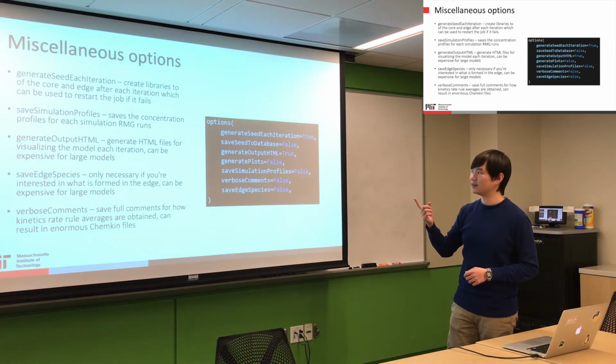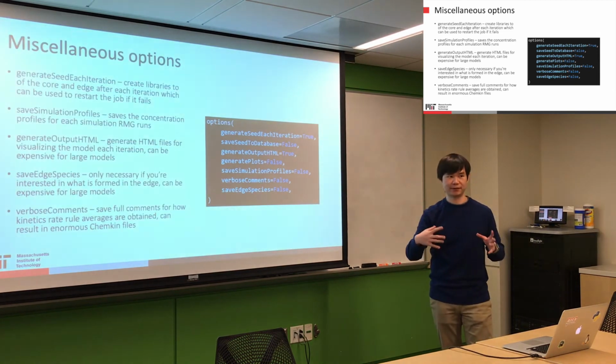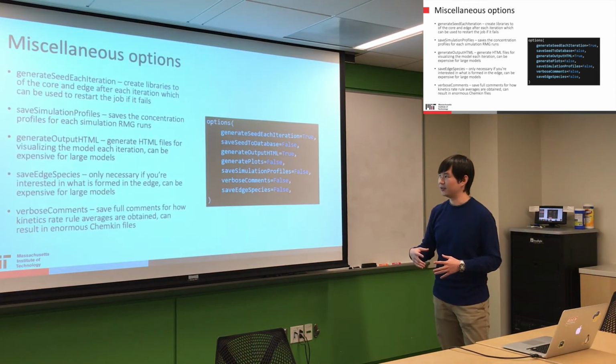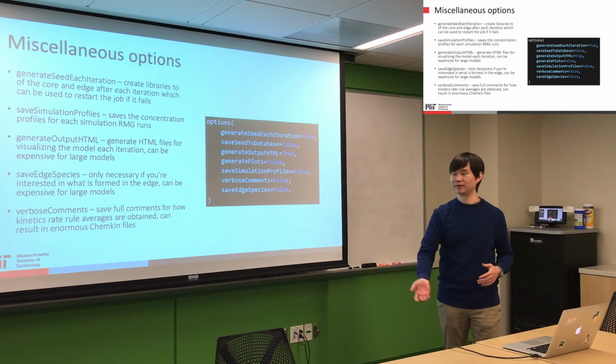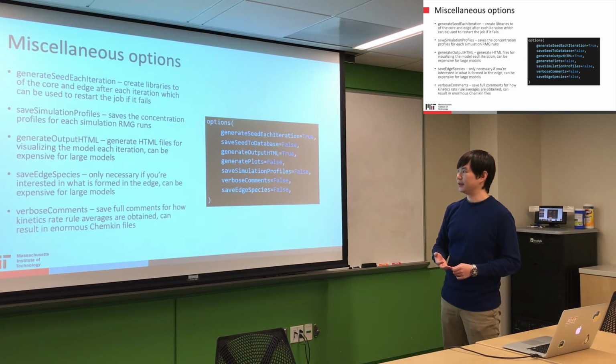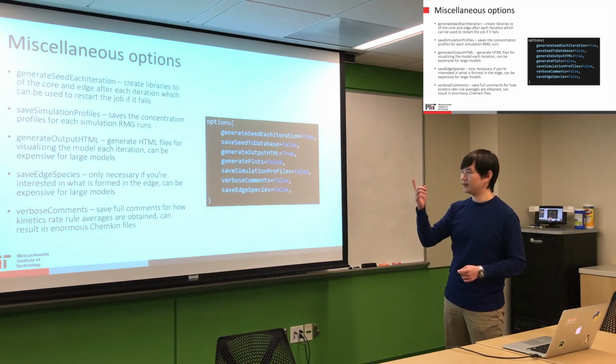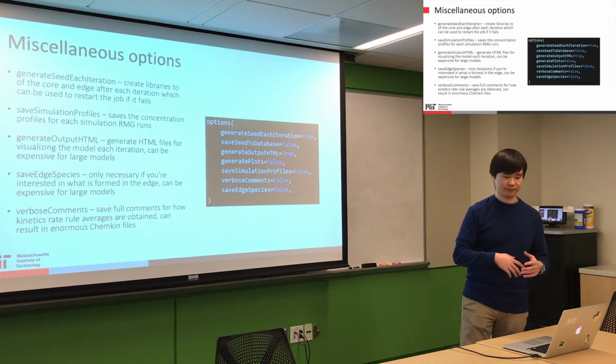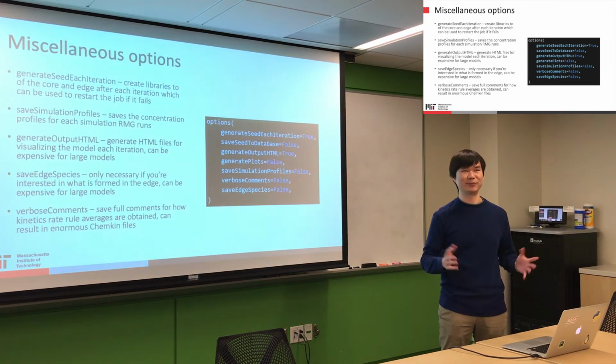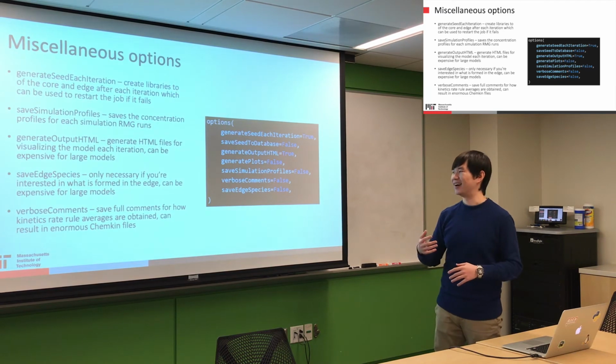Save simulation profile saves the concentration profiles for each of your reactor simulations, and you will get one profile per iteration, I think. Save output HTML generates the pretty HTML of the Chemkin file on each iteration.